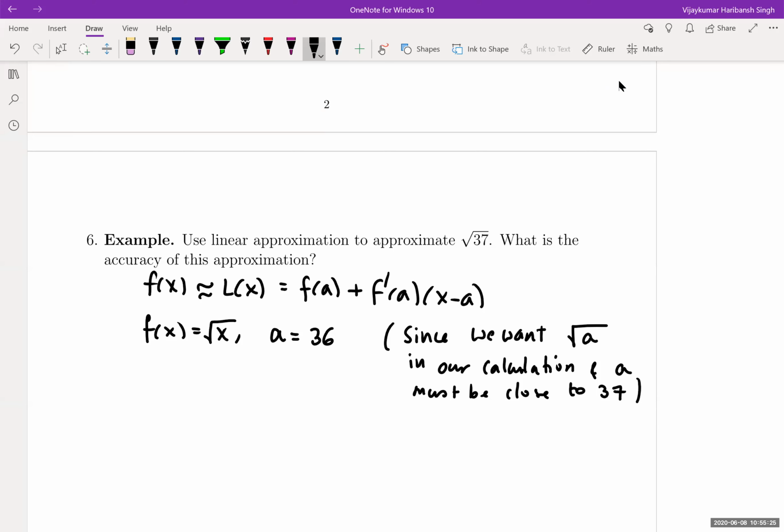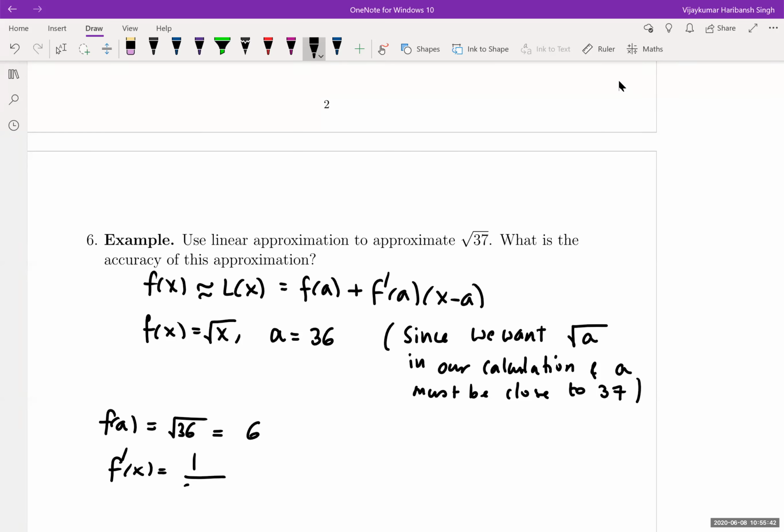We get f of a is the square root of 36, which is 6. Now we need to find f prime of x, which is the derivative of the square root of x, which is 1 by 2 root x.